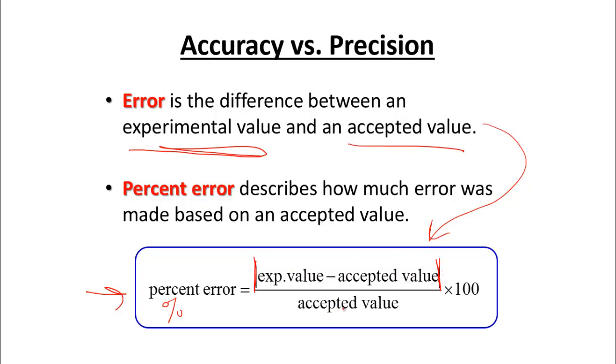Then you divide by the accepted value and multiply by 100, and you end up with the percent error. Ideally, you're going for 0% error, which means you're right on the exact answer. If both are the same number, subtracting gives 0, and 0 divided out gives 0% error. The higher you go, the worse off you were.